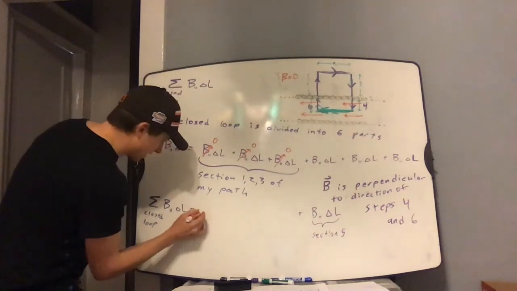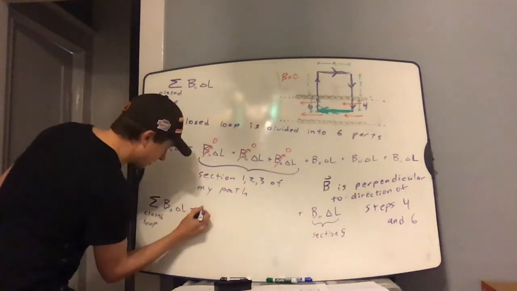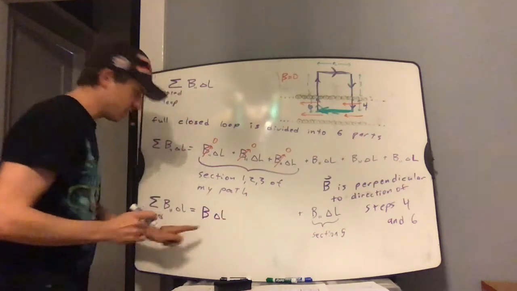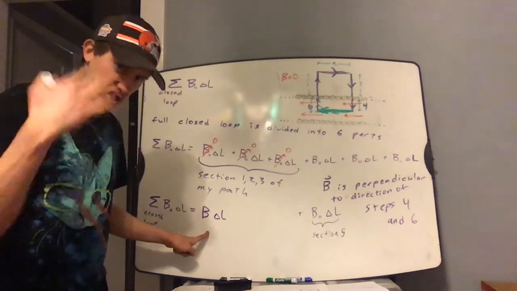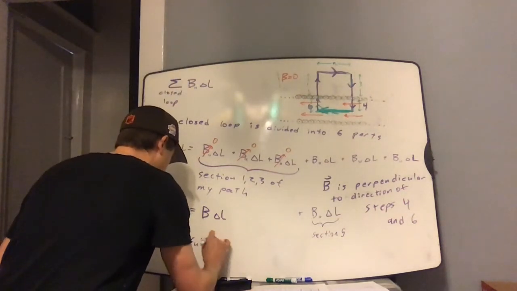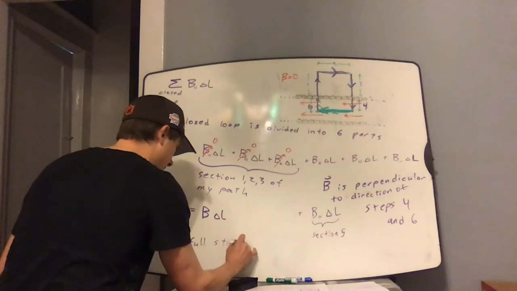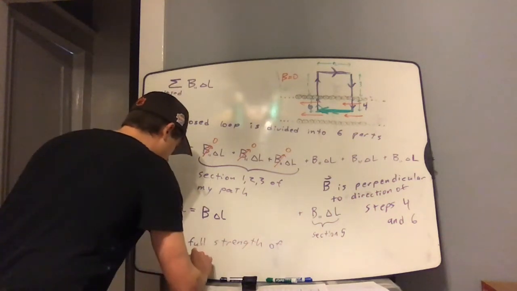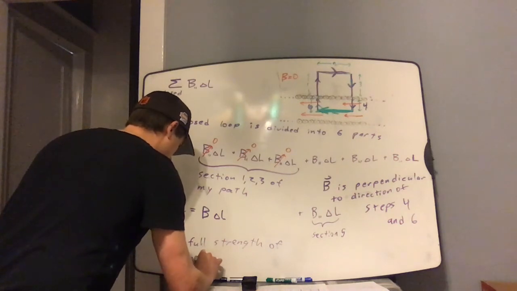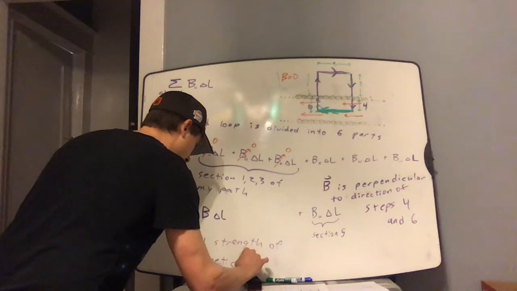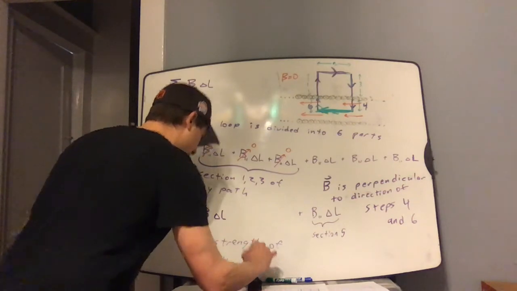So I could write that as being equal to B times delta L, where this B is the full strength of the magnetic field inside the solenoid.